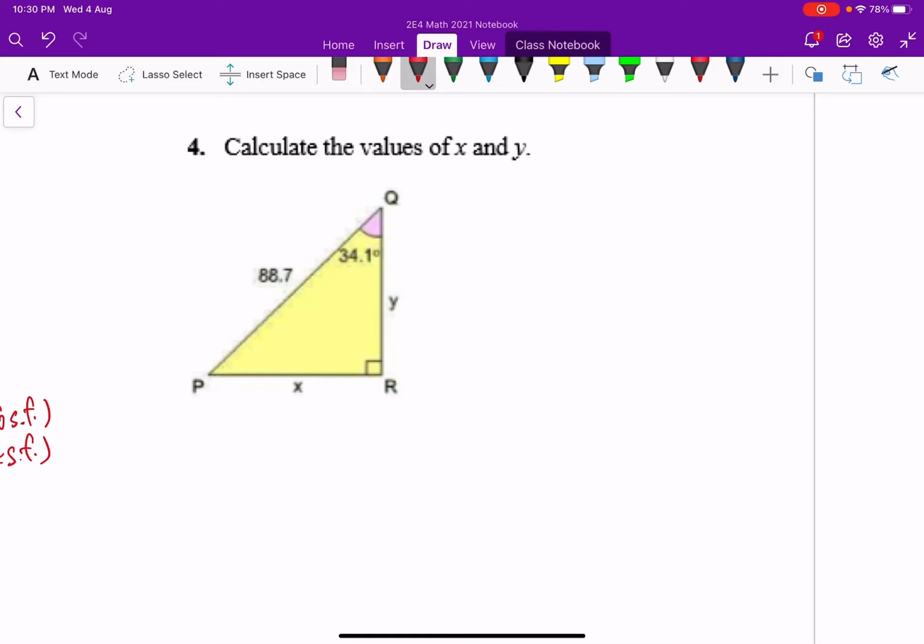Alright, I hope you guys have attempted the question. So I have my reference angle 34.1 degrees there. So I have to label all the three sides. There are two values that you are supposed to find here. You need to find x, you need to find y.